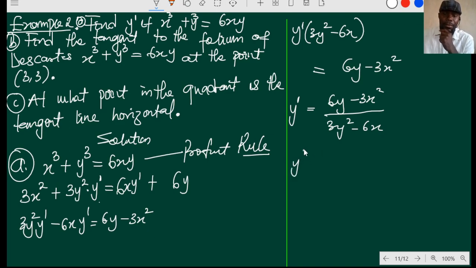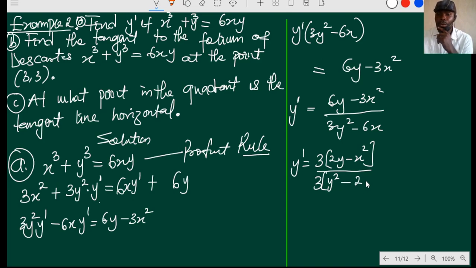So let's find what is common in both the numerator and denominator. 3 is common here. You discover that we have 3 times (2y minus x squared). Here 3 is also common, we have 3 times (y squared minus 2x). So 3 will cancel 3.